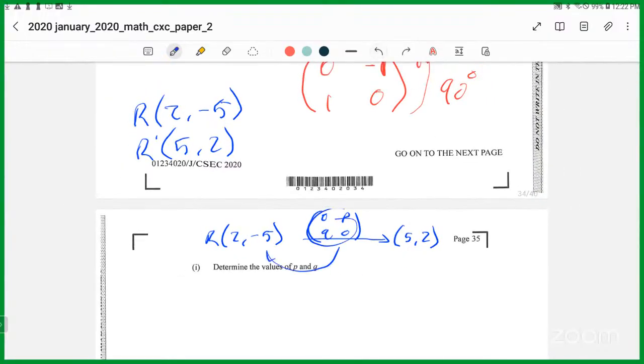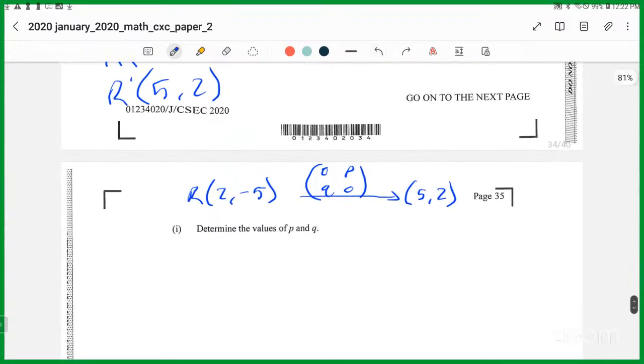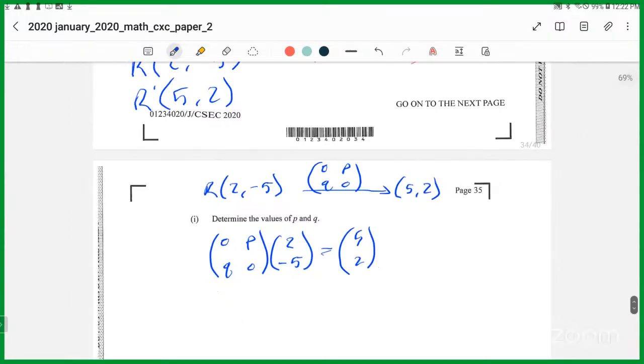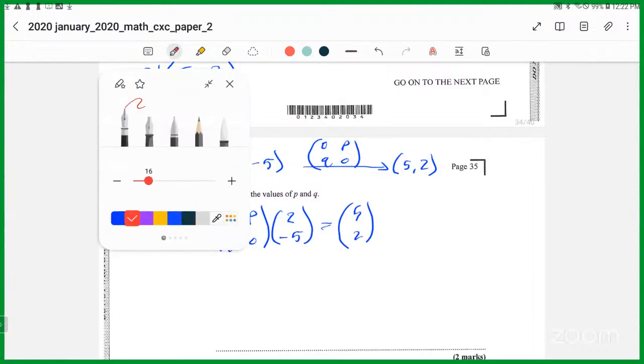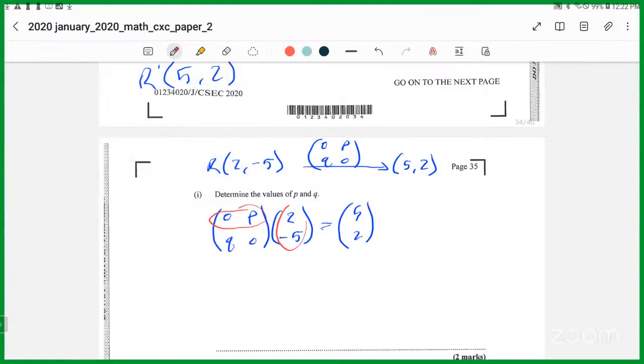So let's set up an equation of matrices: (0, P; Q, 0) times (2, negative 5) is equal to (5, 2). Then, for the first row, this row times this column is equal to 5.